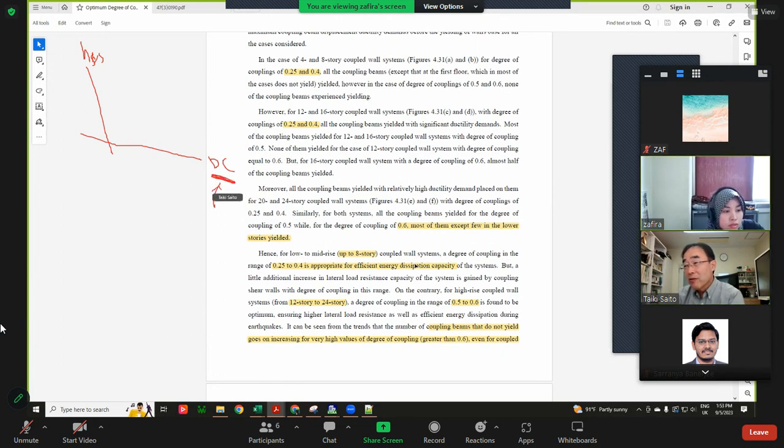You obtained it by pushover, but if the degree of coupling changes by earthquake, for example, for one earthquake the degree of coupling is this value and the equivalent energy is this value, so you can plot here. With another earthquake, like this, like this, you can say energy dissipation is getting larger if you increase the degree of coupling. Or the opposite, but we don't know. So it's worth checking.